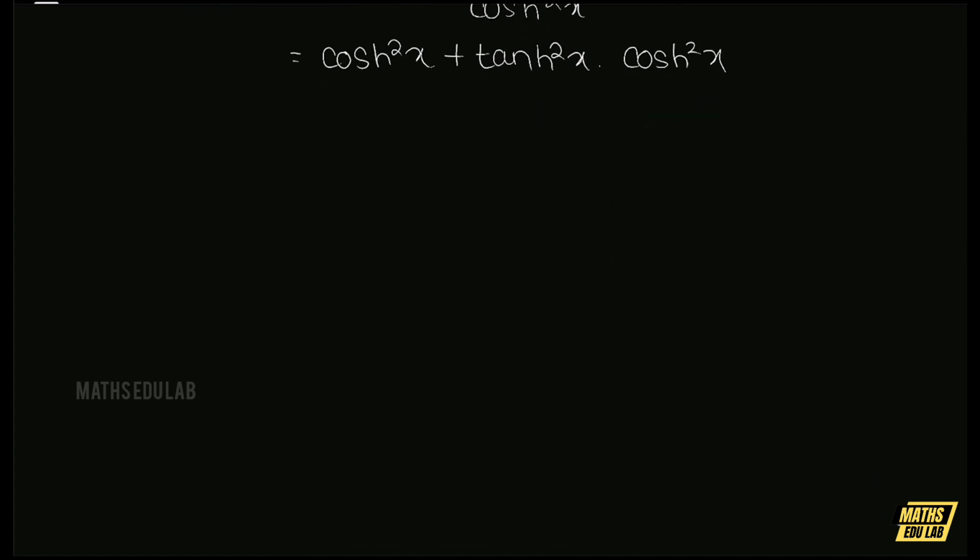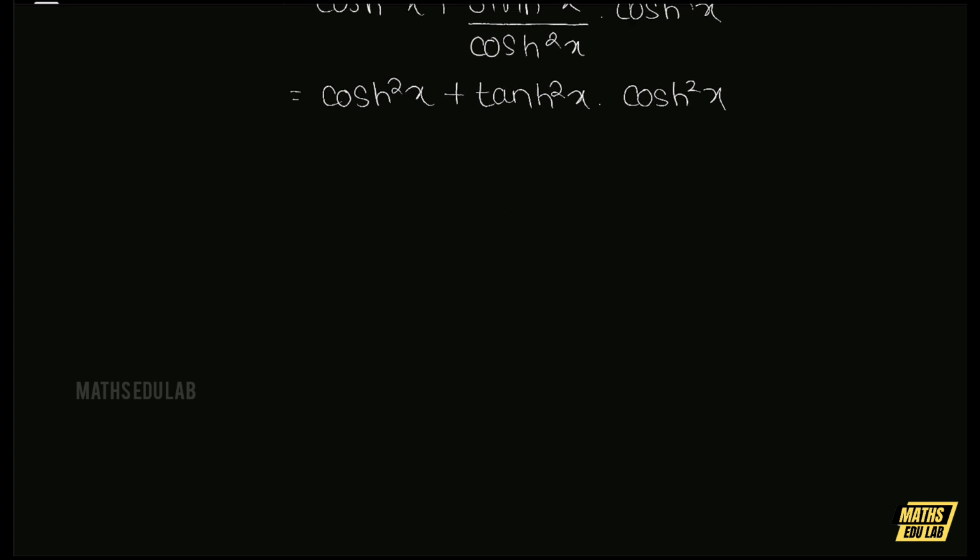So if you see here, by taking the cos hyperbolic square x value as common, I can write it here as cos hyperbolic square x into 1 plus tan hyperbolic square x.